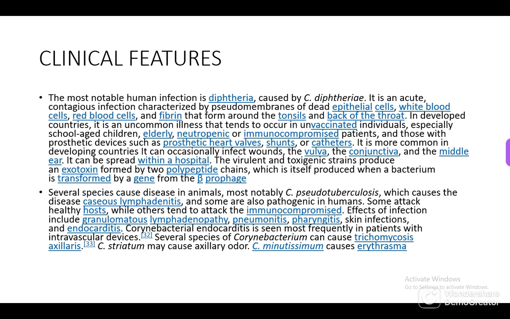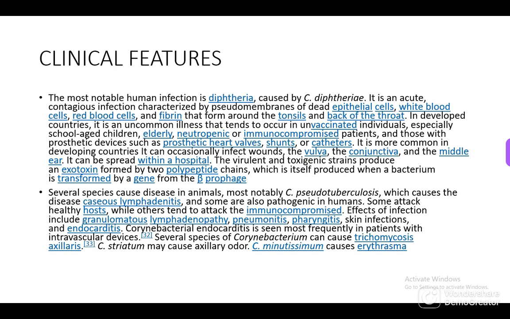The virulent and toxigenic strain produces the exotoxin formed by two polypeptide chains. Now, the endotoxin I have already discussed. As far as exotoxins are concerned, these are polypeptide chains, and the metachromatic granules I mentioned previously. The toxin gene is transferred by the beta prophage, a characteristic property of Corynebacterium.